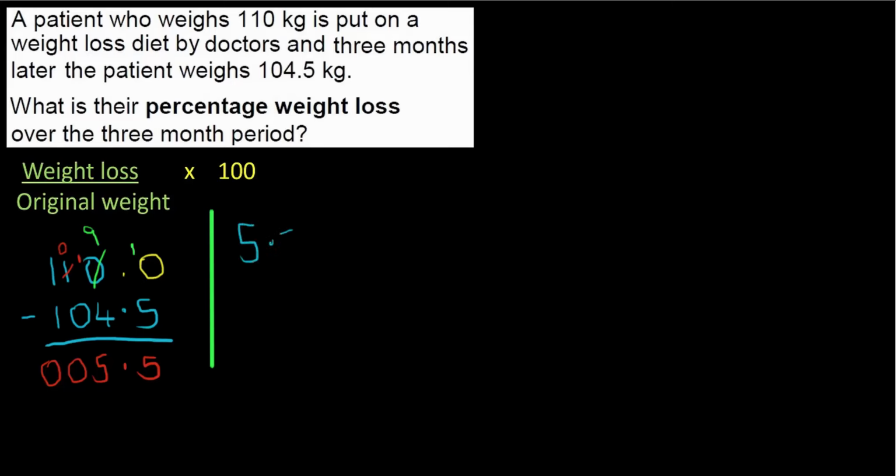5.5 over 110 times 100. Back in year 1 we saw fractions times fractions, so rather than worrying about multiplying too many values by that 100, I'm just going to put it over 1 to make it look like a fraction times fraction. I have not changed the value of that number 100.